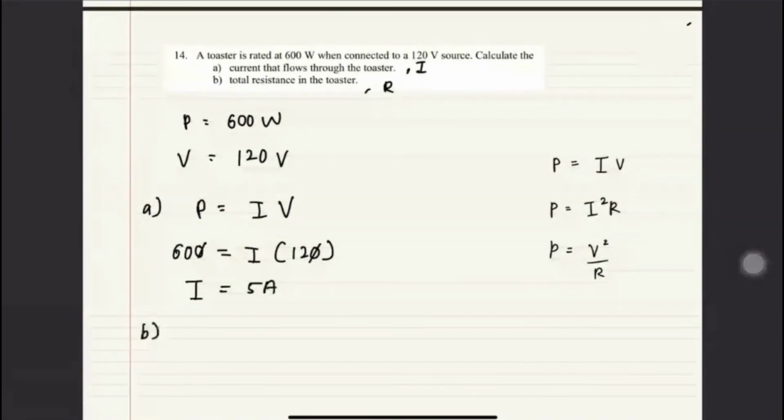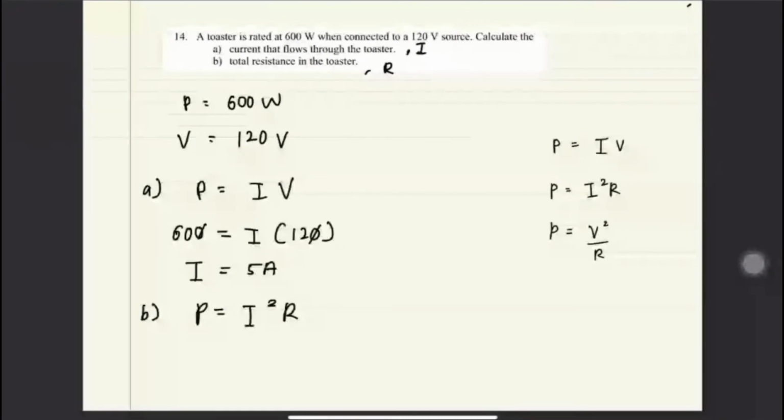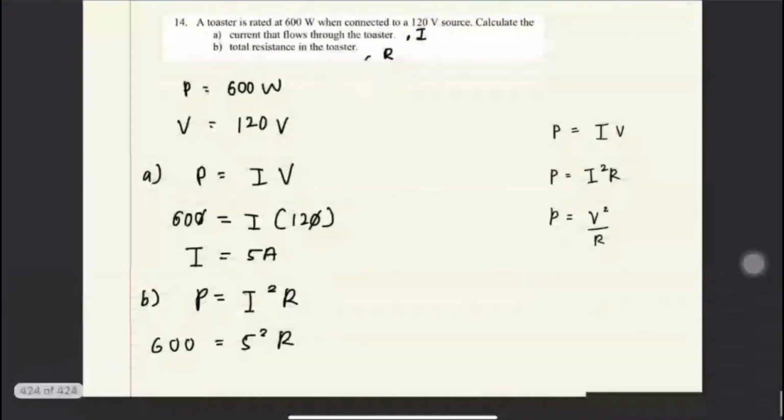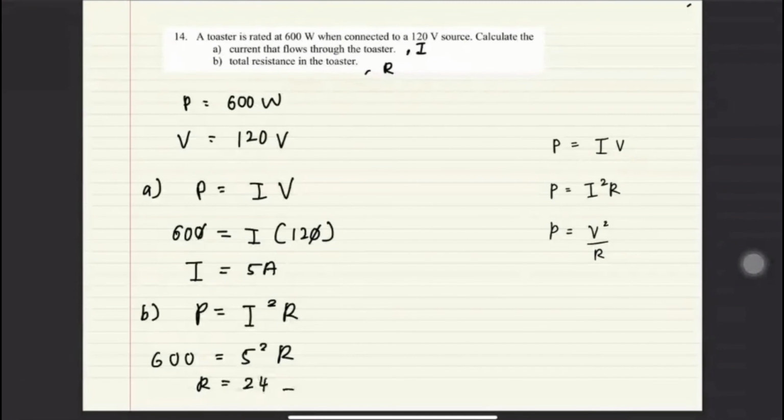For question B, they want to find the total resistance. So you know that P is equals to I squared R. So saya memang suka pakai formula ni. Therefore, 600 equals to 5 squared R. This one is 24. Okay, dapat tak? Dapat, sir.